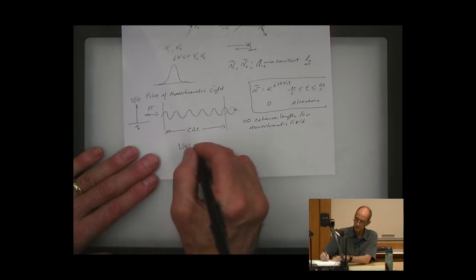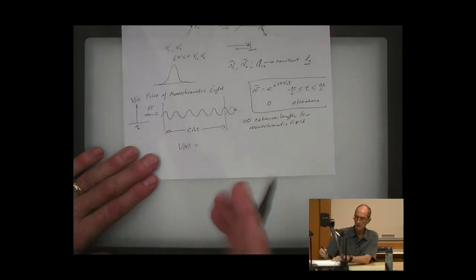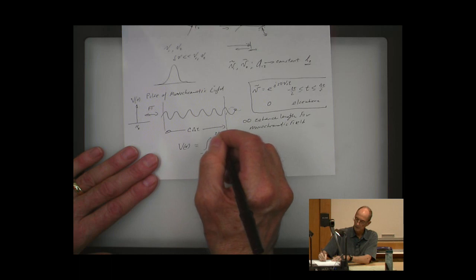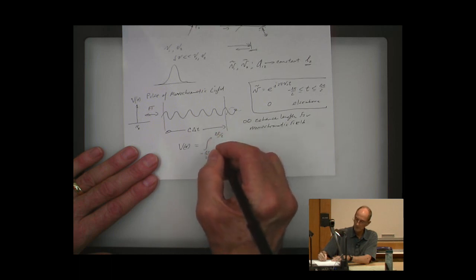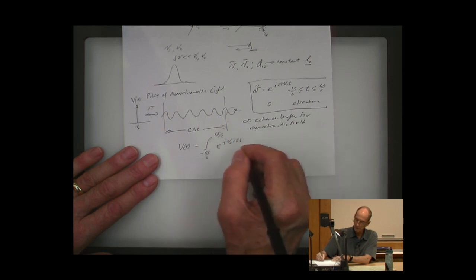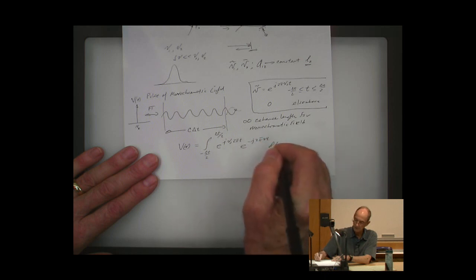Since it only exists for these time durations, our infinite integration is reduced to the integral from minus delta t over 2 to delta t over 2 of e to the j nu 0 2 pi t, and then e to the minus j 2 pi nu t dt.